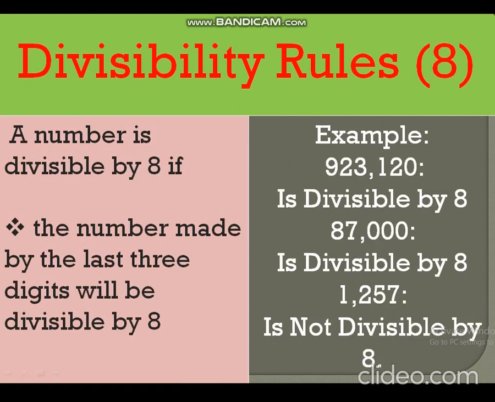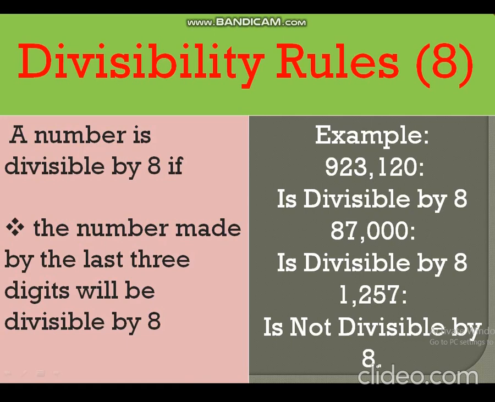Divisibility by 8. The rule is, if the last 3 digits of a number are divisible by 8, the number is also divisible by 8. Also, if the last 3 digits of a number are zeros, the number is also divisible by 8. Do you remember something? Yes, the divisibility rule for 4. There we take our last 2 digits, but here we take the last 3 digits. Now, let's take an example. Suppose my number is 923,120.